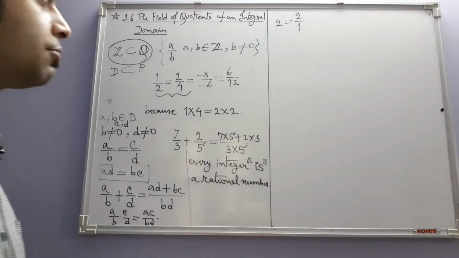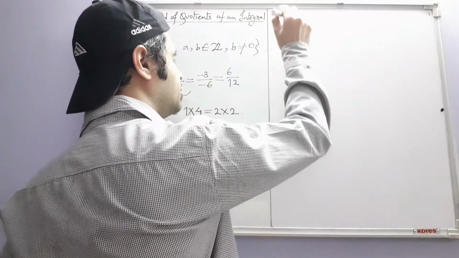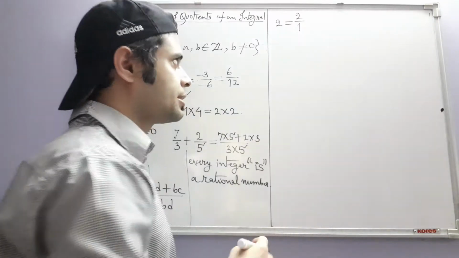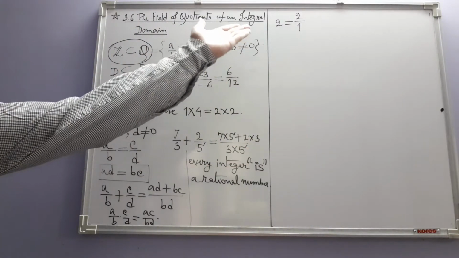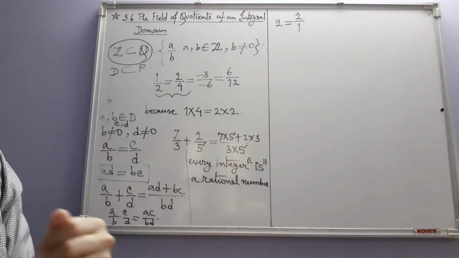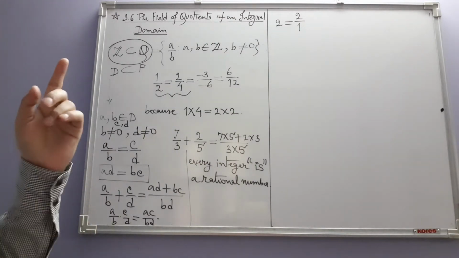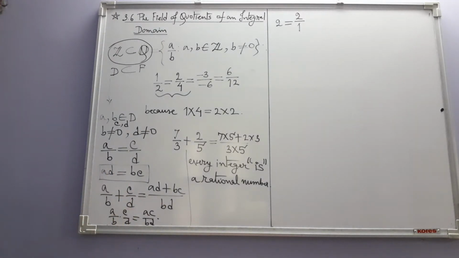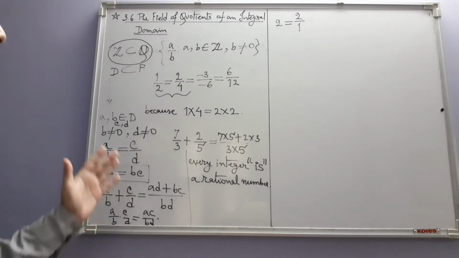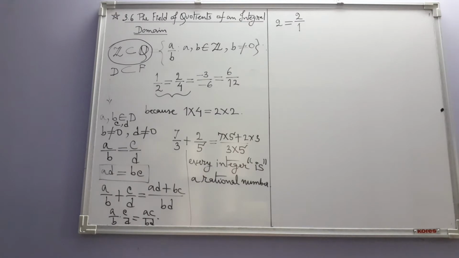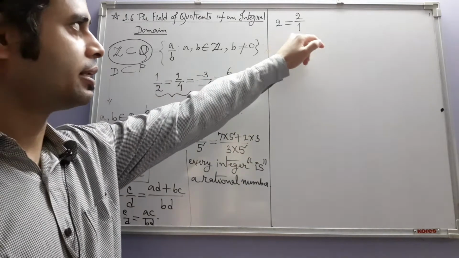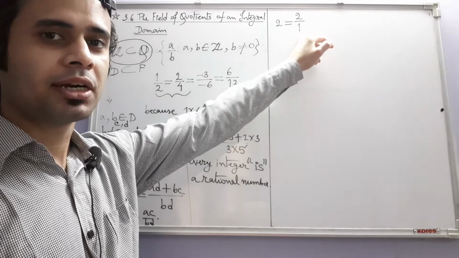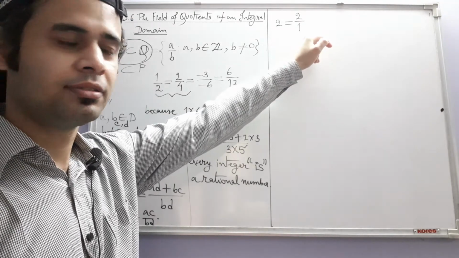This is quite straightforward, and you will in fact remark, why are you asking such trivial questions? Because 2 is clearly equal to 2 divided by 1. But the problem again is our familiarity and experience with these number systems. We have become so accustomed to them that we have taken for granted that these two things are equal, but actually they are not equal.